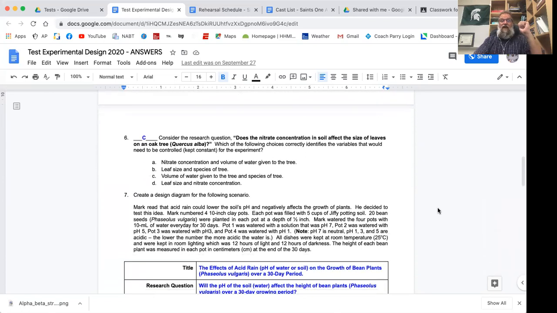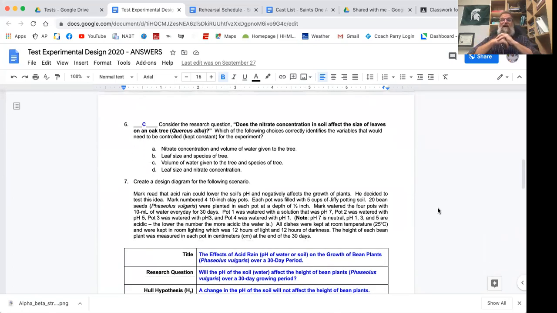C is also getting at the same idea, only this time we're looking for the constants. So we're looking at nitrate concentration and how it affects the size of the leaves. Again, as a researcher, I can certainly alter the amount of nitrate in the soil. I don't have any control on the size of the leaf. So what am I changing on purpose?